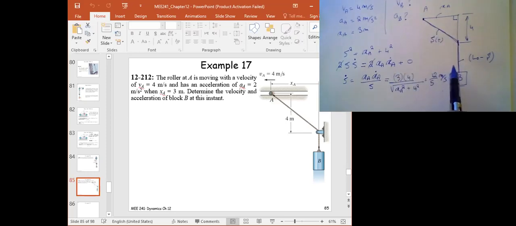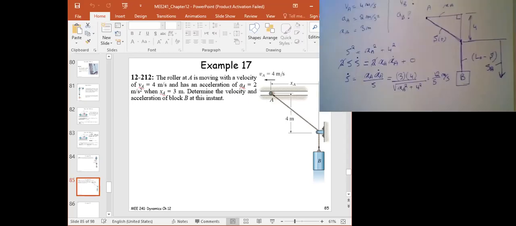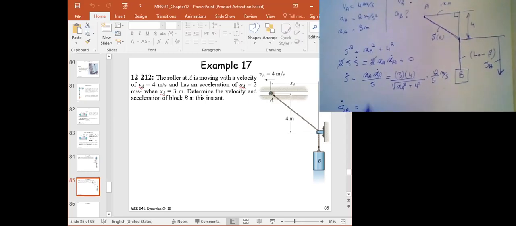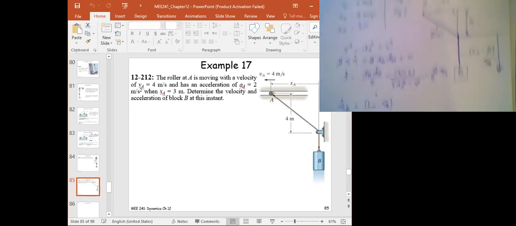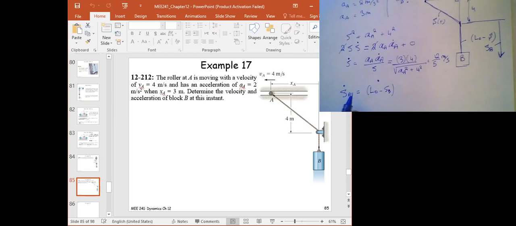All right. So the velocity of B, right? If I actually specify the velocity of B like that, then what is SB prime? It's going to be equal to L0 minus S, prime. The whole thing is a derivative. You guys agree? Yes. Okay.